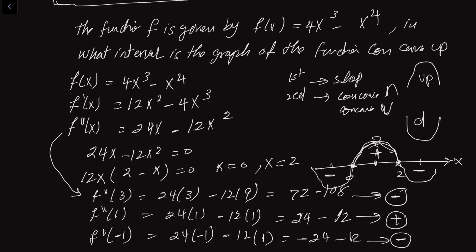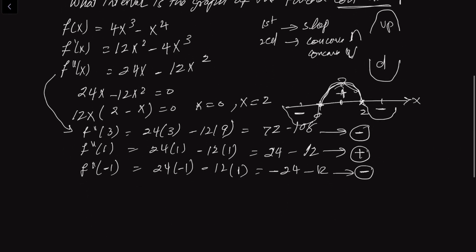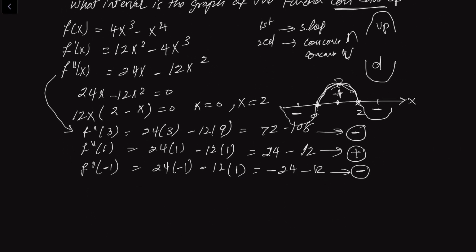So to answer the question, where is it concave up? It's concave up from 0 to 2.